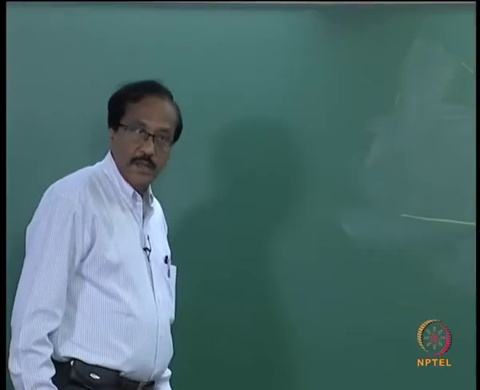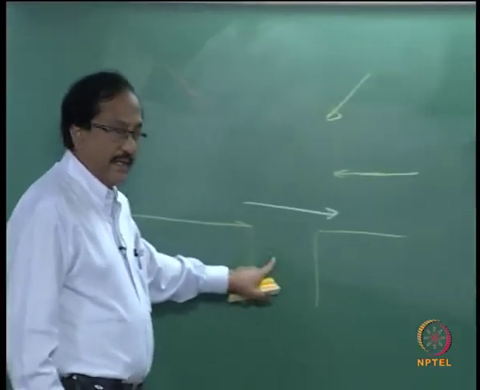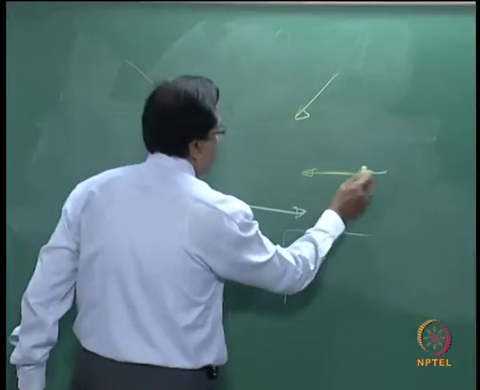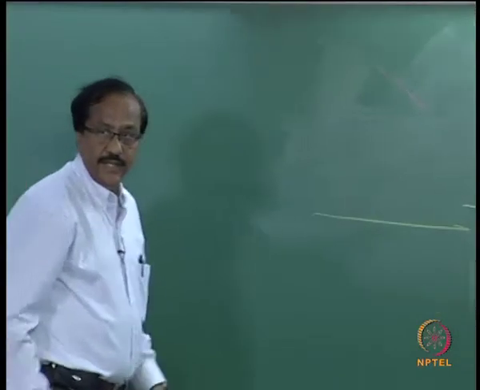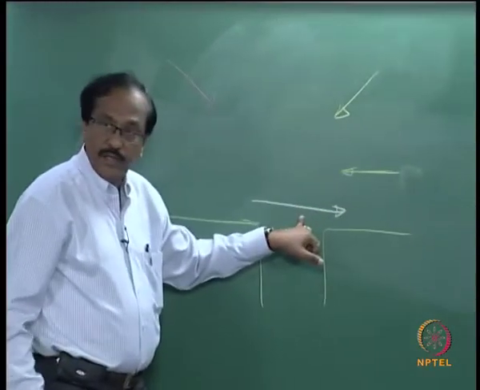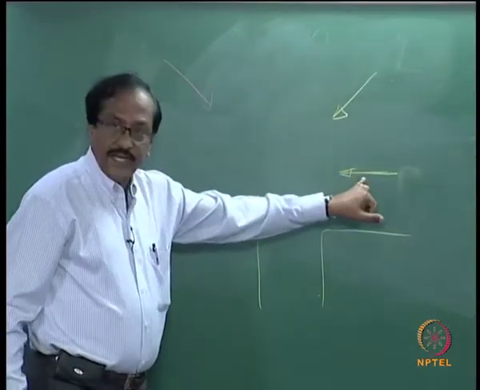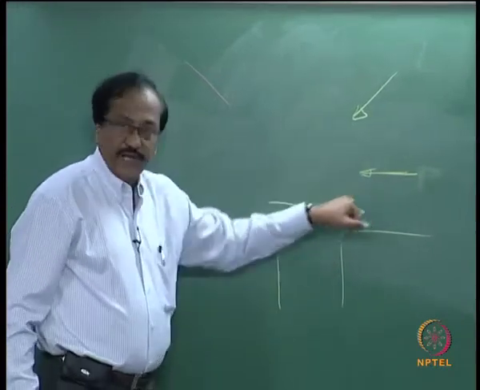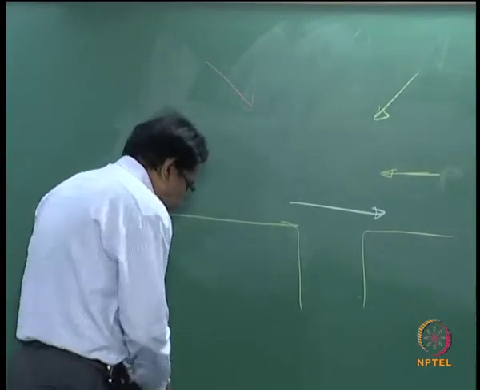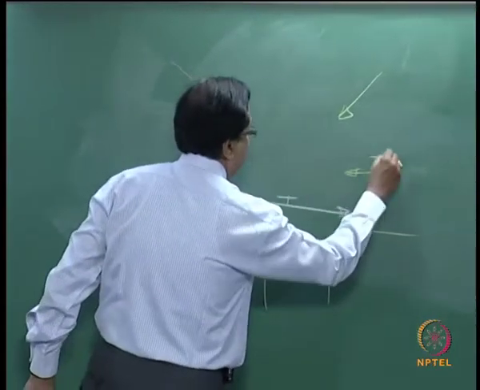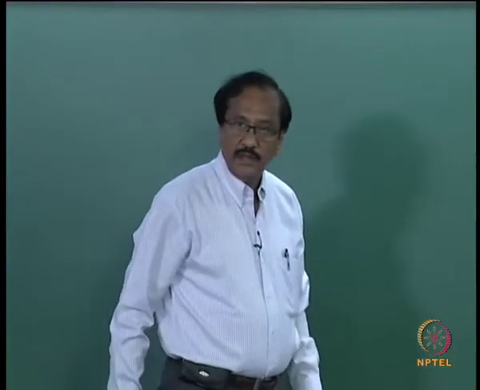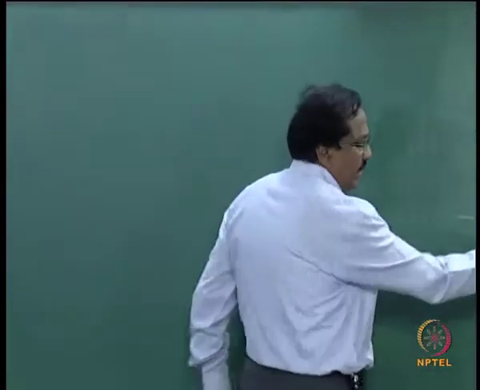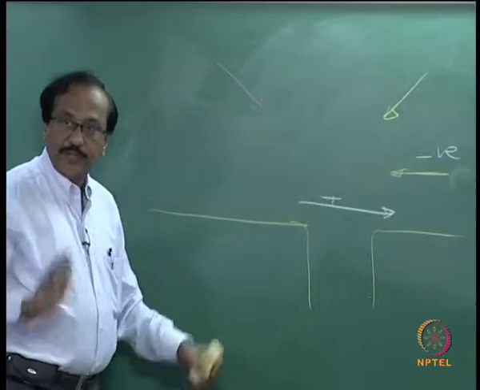What does this indicate? If the movement in this direction is more, then I can get the difference. If I have this as positive and this as negative, for instance, then the length of the arrow shows the magnitude.